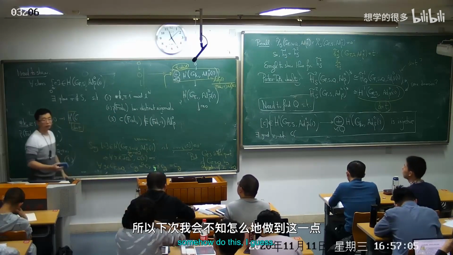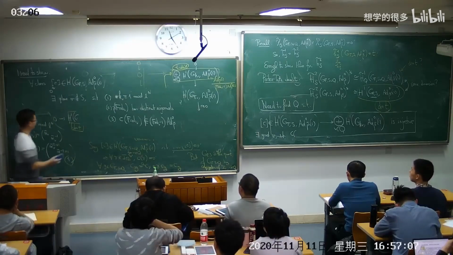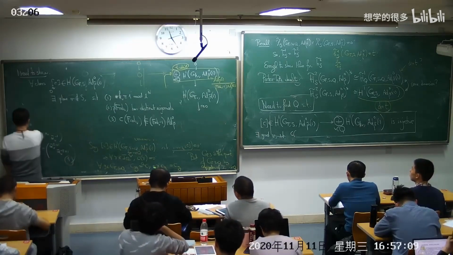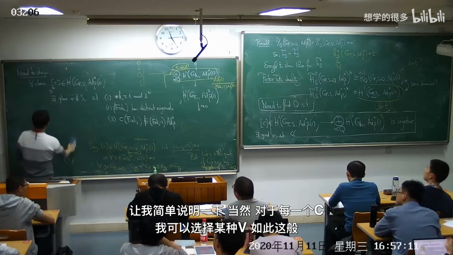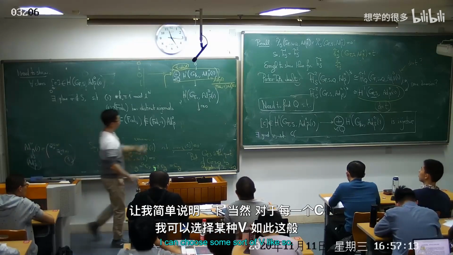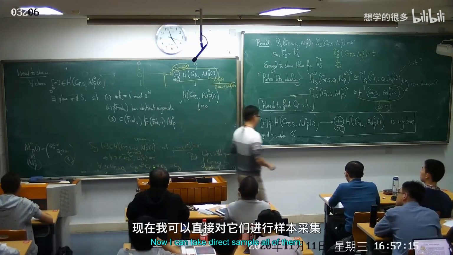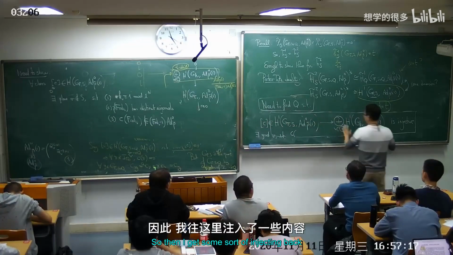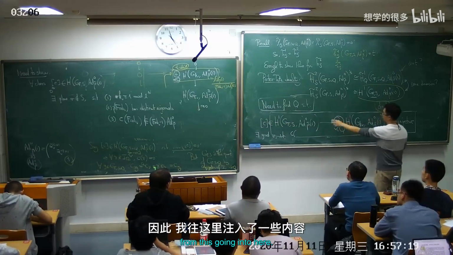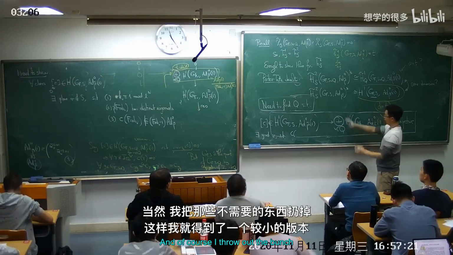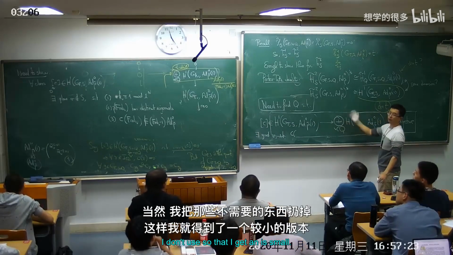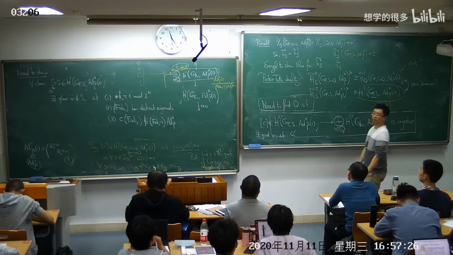So next time I'm going to do this. Let me quickly remark that for each C, I can choose some such V. Now I can take the direct sum of all of them, so I get an injective map from this going into here. And of course, I throw out a bunch of things I don't use so that I get an isomorphism.